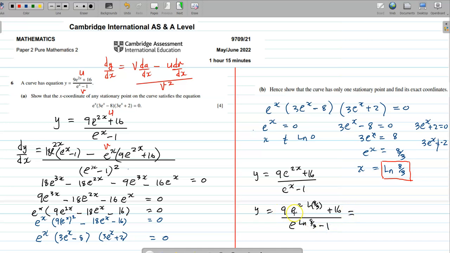Now if you have e to the 2 ln 8/3, it means that we can write 9 times 8/3 squared plus 16, all of that over 8/3 minus 1.